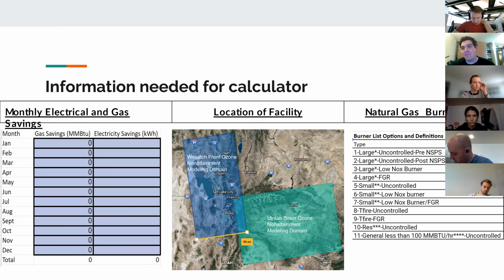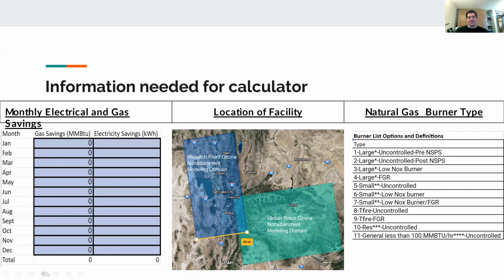The information that you are going to need when you're using this calculator is pretty simple. The three things you need to work the calculator are the monthly electrical and gas savings, the location of the facility, and the natural gas burner type.